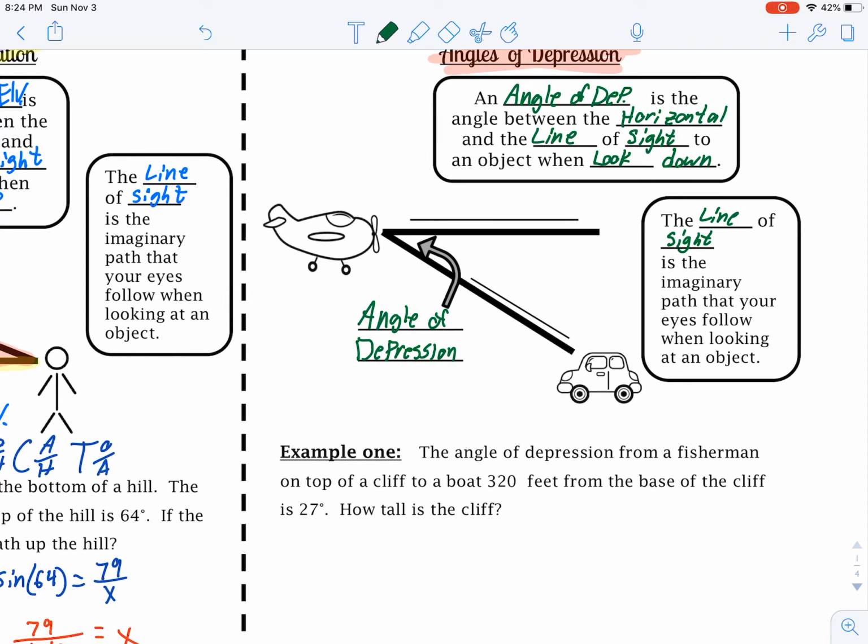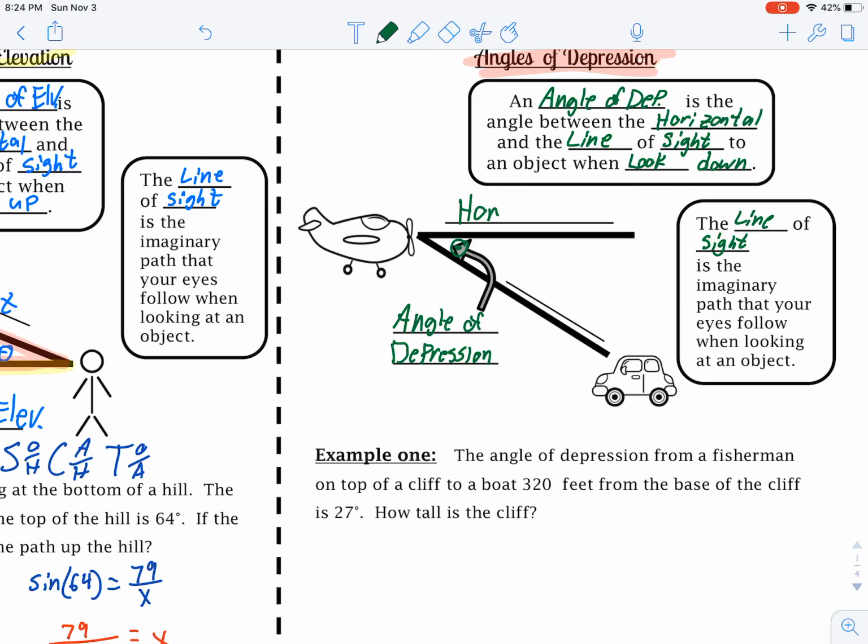Now notice the difference between the angle of elevation and the angle of depression. This time our angle of elevation is up at the top left. And our horizontal is still our line that goes side to side, and our line of sight is our diagonal.